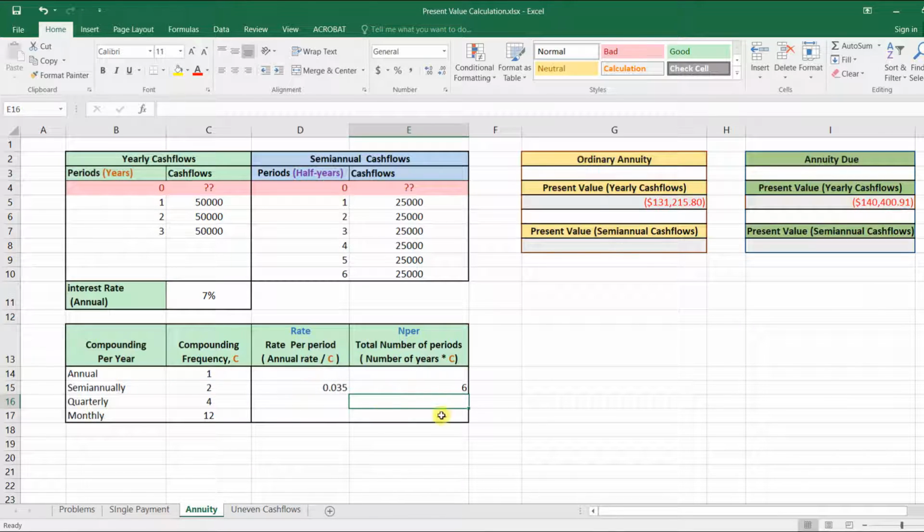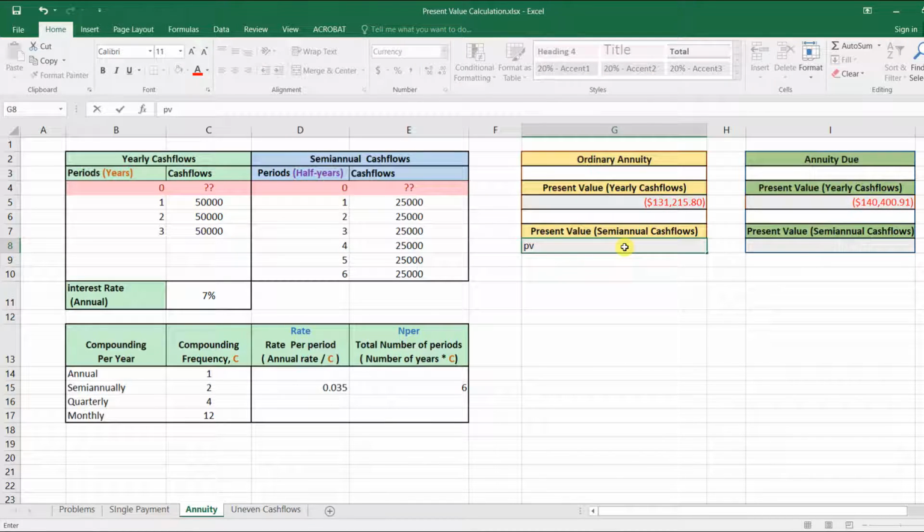Now let's use these variables here to calculate the present value of these semi-annual cash flows. Press equal sign, then select the function. Now this time the rate is this cell, comma, the number of periods is this cell, comma, the payments, select any one of these cash flows.